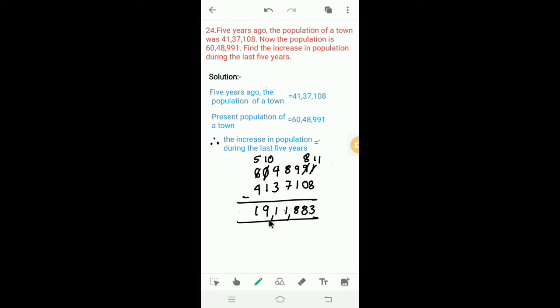So the answer is 19,11,883. Therefore, the increase in population during the last 5 years is equal to 19,11,883.